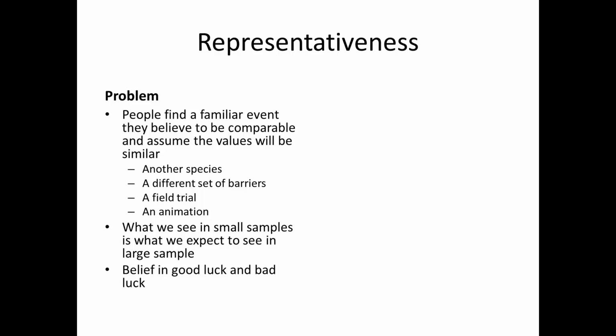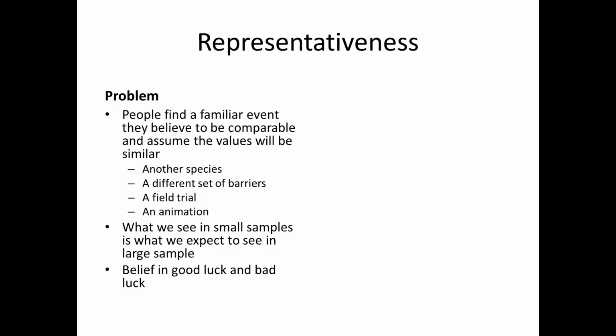Representativeness is another heuristic that's used. People find a familiar event they believe to be comparable and assume the values will be similar. So that might be another species, a different set of barriers than the ones that we have in our waterway. They might use a field trial, an animation, or something like that as representative of what goes on in this particular example.